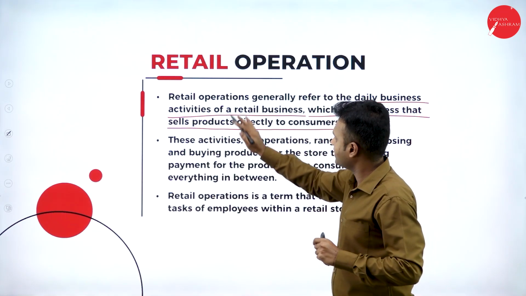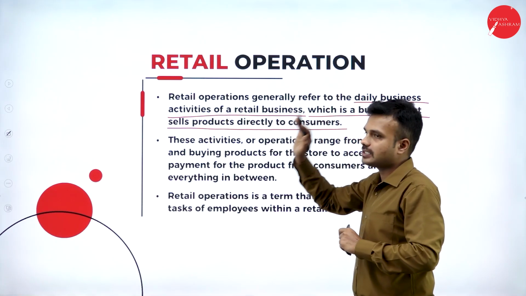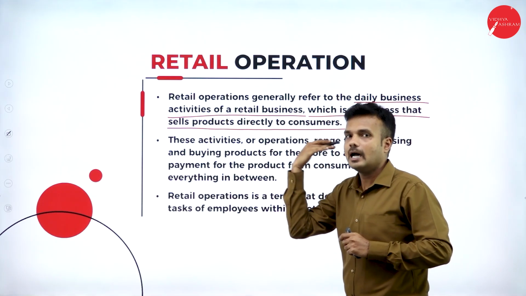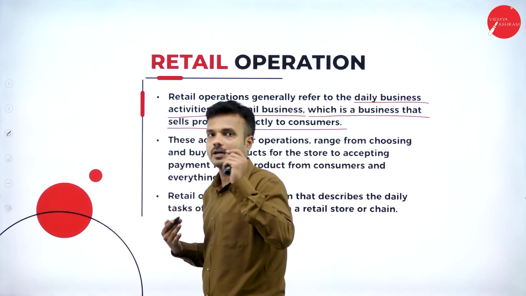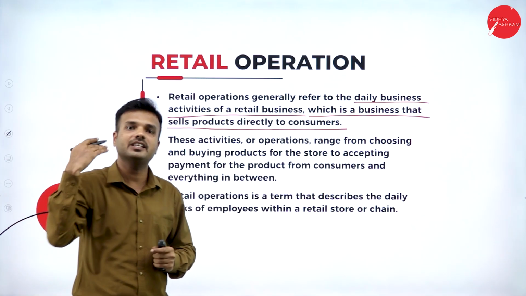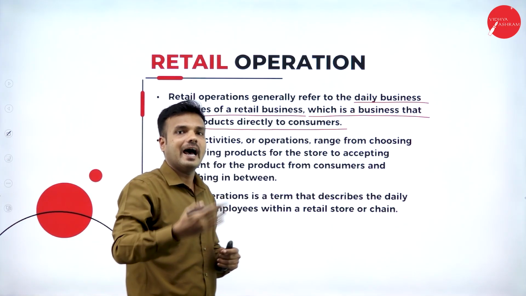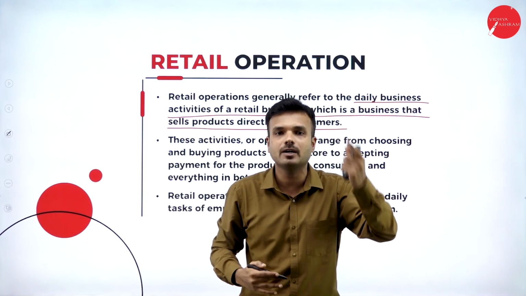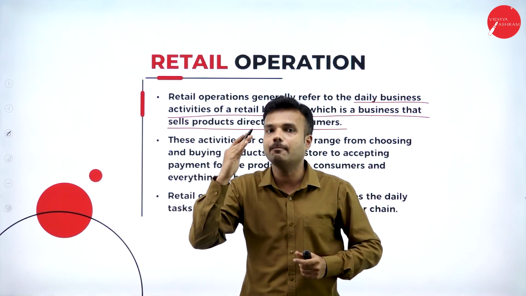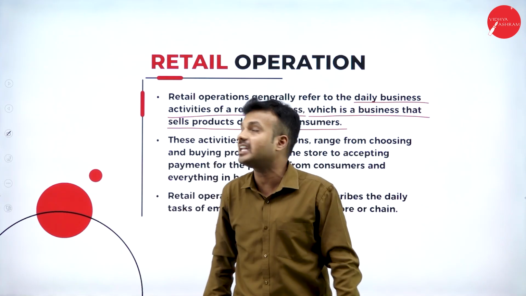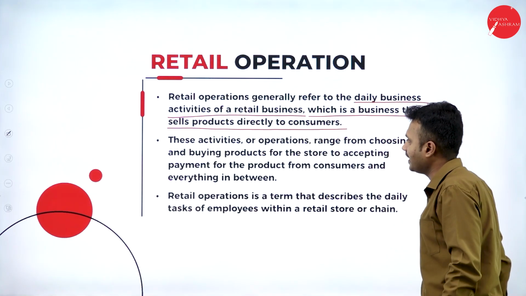So hence it is clear that retail operations is nothing but the routine activity which starts from the purchasing of the goods, either from the wholesaler, the agent, or the manufacturer, and it is going to keep them in stock and sell the same goods to the consumer by breaking the bulk. This kind of routine activity we call retail operations.